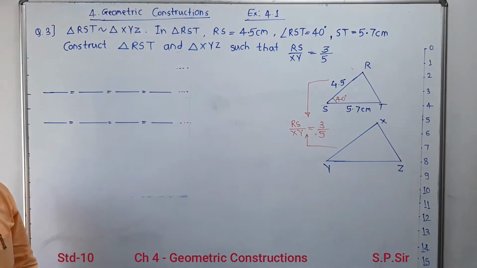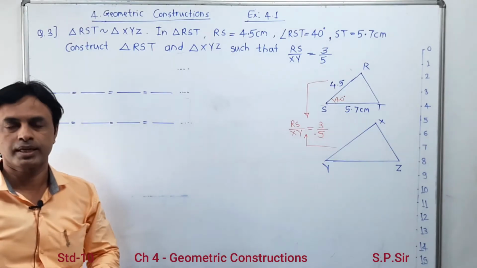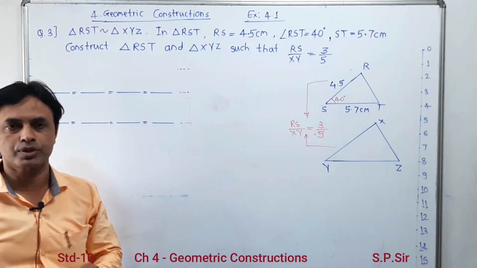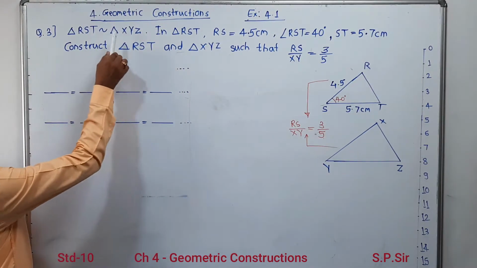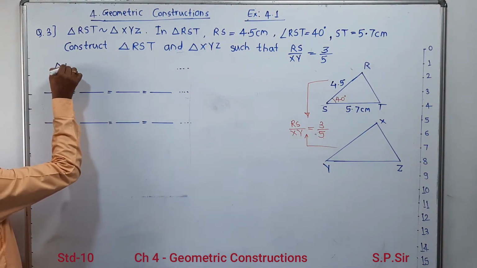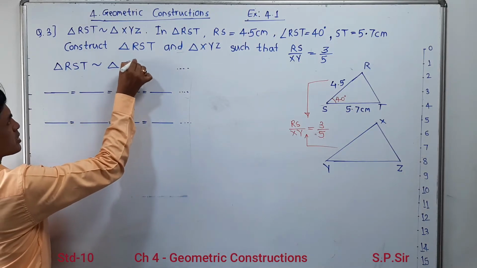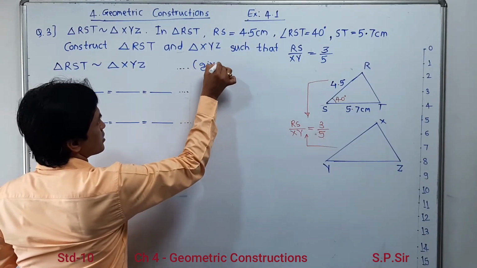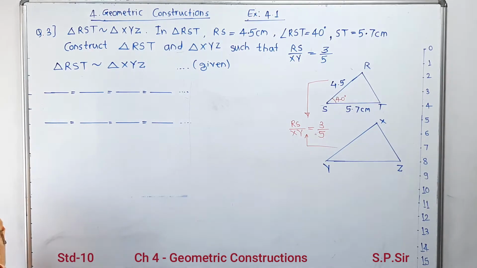Okay student, now in this case they have given triangle RST is similar to triangle XYZ. We know that when two triangles are similar, their respective sides are in proportion. So writing step by step, in triangle RST, triangle RST is similar to triangle XYZ, the reason is given. When two triangles are similar, then their sides are in proportion.